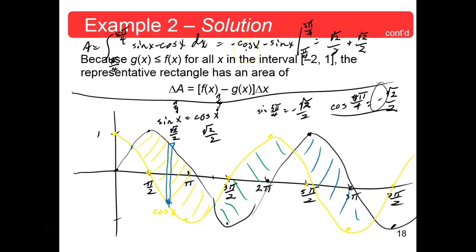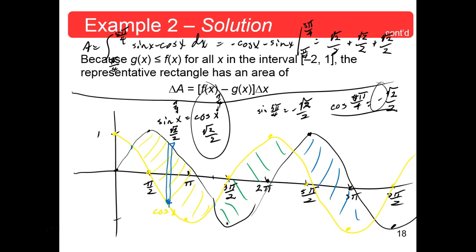what is the cosine of pi fourths? This is positive, but you have a negative sign in front of it, and it's in the lower limit, so that's a negative of negative, which is another plus root 2 over 2.